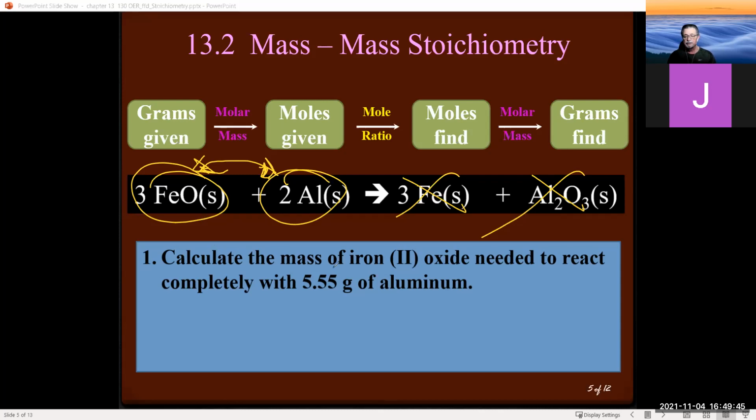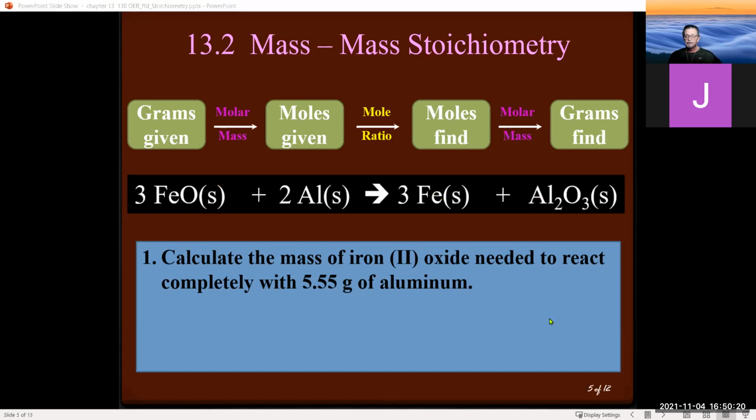So we need to calculate the grams of iron 2 oxide needed to react with 5.5 grams of aluminum. Another way to look at this is if I weigh out 5.5 grams of aluminum, how many grams of iron 2 oxide do I need so this reaction goes as written? I have to weigh out a certain amount. So that is the first scenario.